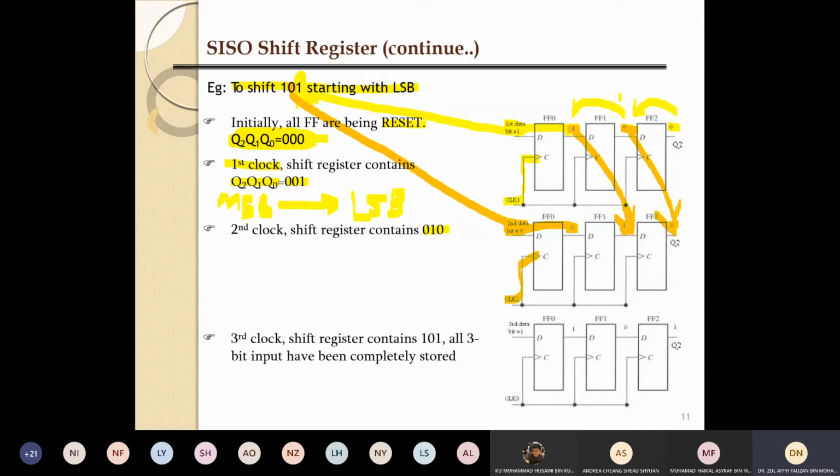So this is what happened during the second clock. The shift register contains 0, 1, 0.